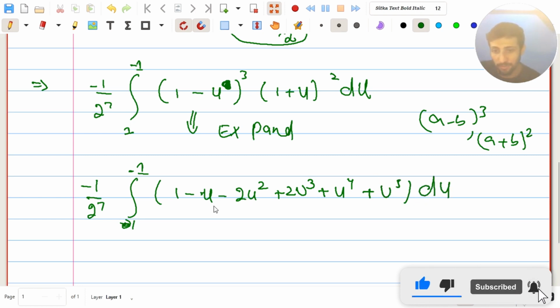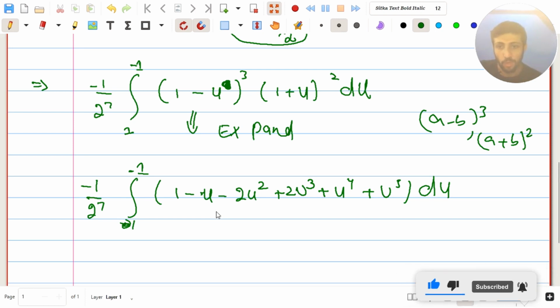Now I am pretty happy with this polynomial that I can easily integrate.